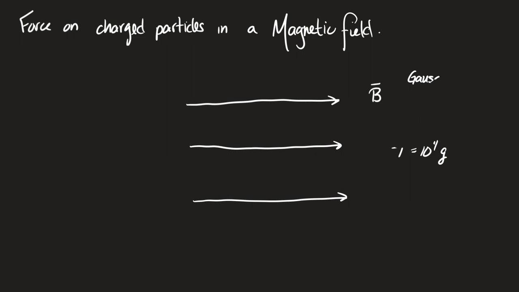Now, I can't explain enough about this, so I'm not going to. The Tesla is a complex unit in the same way that the electric field had a complex unit. If you'll recall, the electric field unit was volt per meter or Newton per Coulomb. But there's no special name given to the electric field. The magnetic field has a special name.